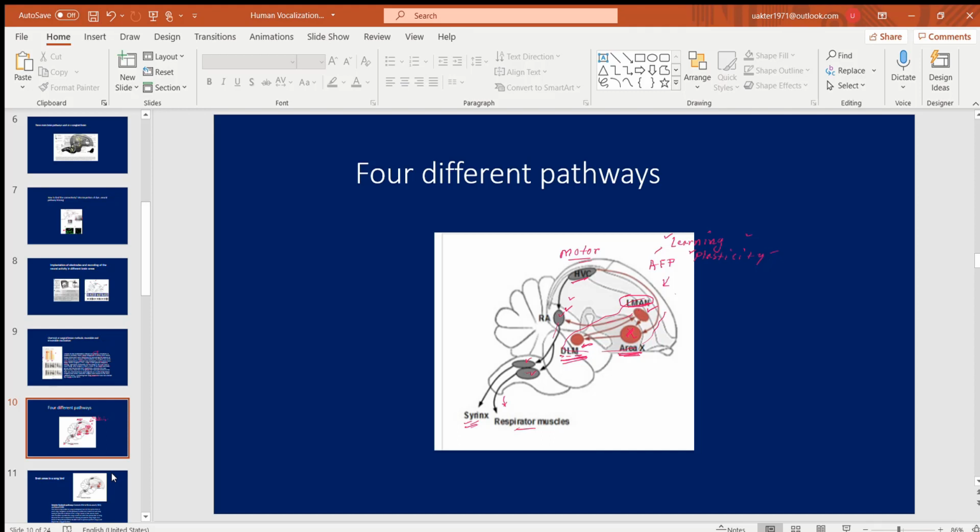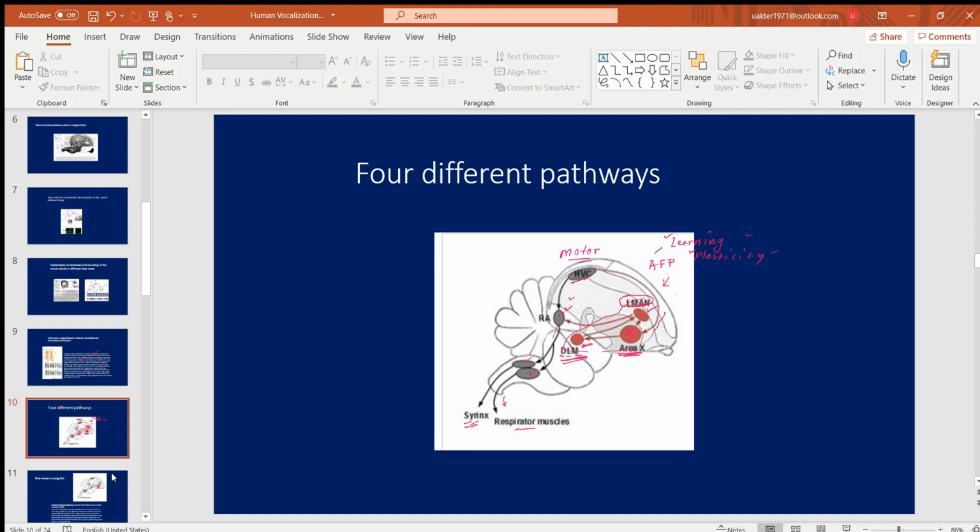Okay, crystallization will not happen. Whereas if you make a lesion of L-man in juveniles, that will result in permanently crystallized atypical songs. That means the song will be atypical, not like the parent song, and it is permanent. You won't be able to change it. Okay.